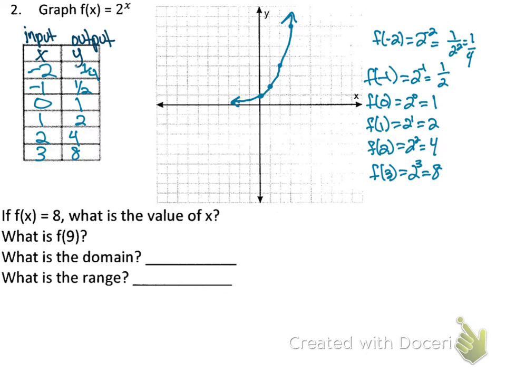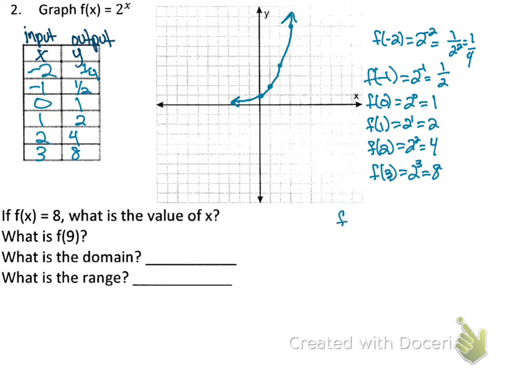All right, let's do these problems at the bottom. First, I'm going to look at if f of x equals 8, what is the value of x? So let's say, I'm going to write, let's go back to a different pen color. Sorry about that.